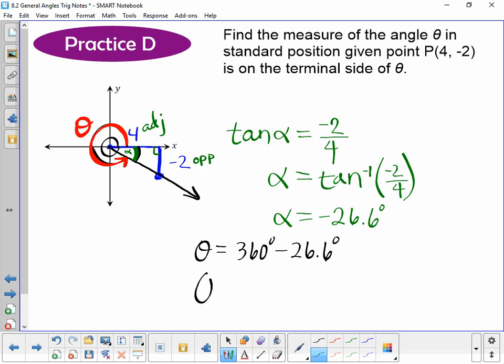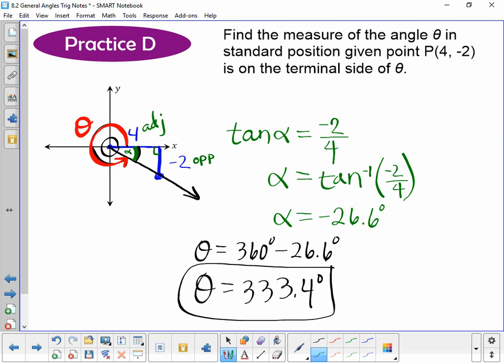We find that our angle theta is 333.4 degrees, which makes sense. You can see from the picture that it's got to be more than 270 and less than 360, and 333 is right there where it's at. So that is our angle theta.